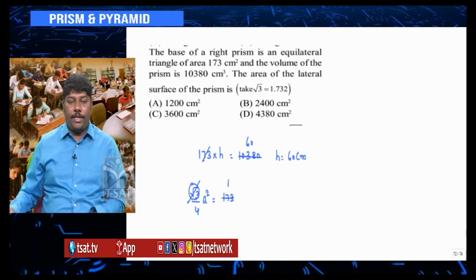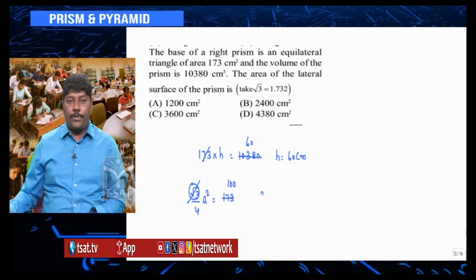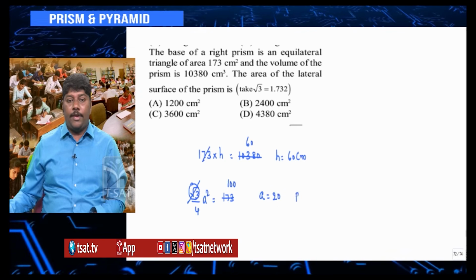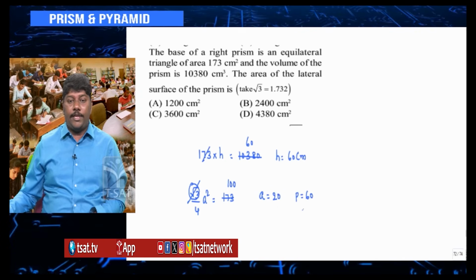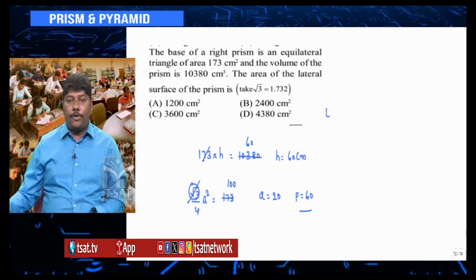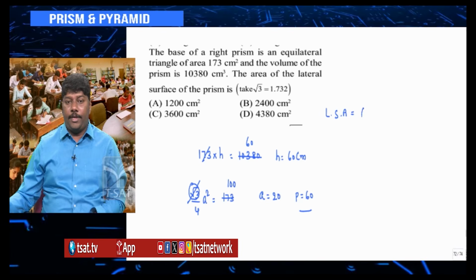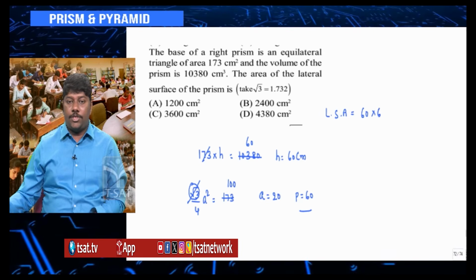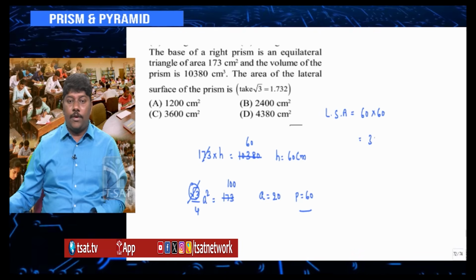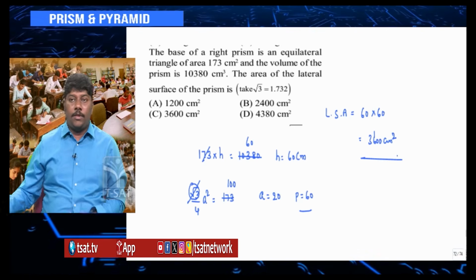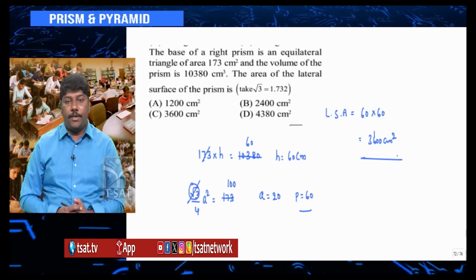Therefore, a square is equal to 400, a is equal to 20, perimeter is equal to 60 because there are 3 sides. So, in order to find out the lateral surface area, multiply the base perimeter into height. 60 into 60, 3600 centimeter square. So, these are the questions based on prism.